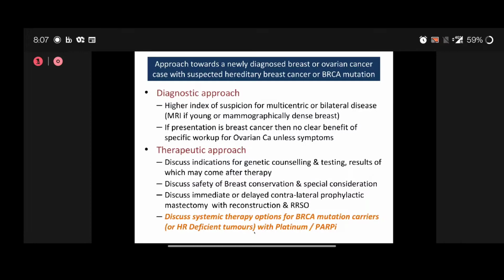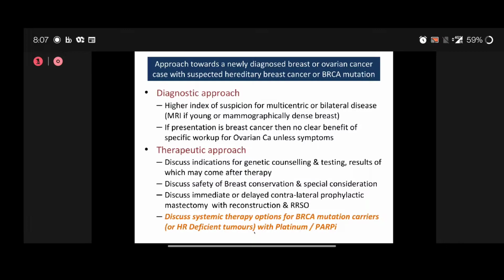In terms of the treatment approach, discuss the indication for counseling and testing, and that the results may come after they have had the surgery or the chemotherapy has been started. It causes a lot of discontentment in the patient. They say, why did you start? Because cancer treatment will not wait for 1 month. Then discuss the safety of breast conservation and special considerations.